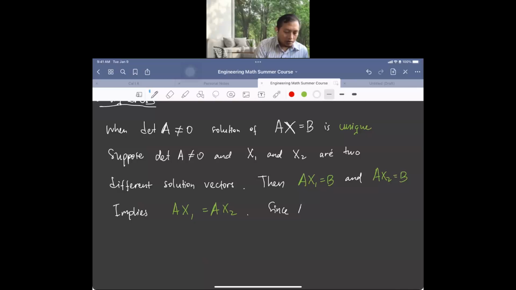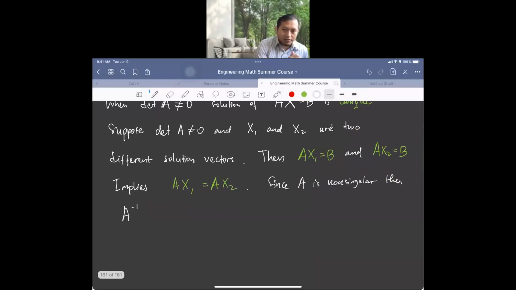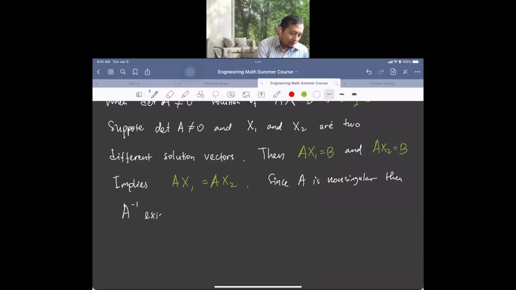Okay. Since A is non-singular, means it has the inverse, then A inverse exists, and so we can write multiply A inverse, and then this is Ax1, and also A inverse Ax2.